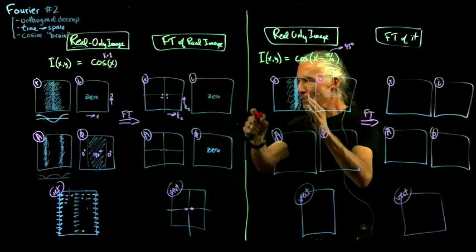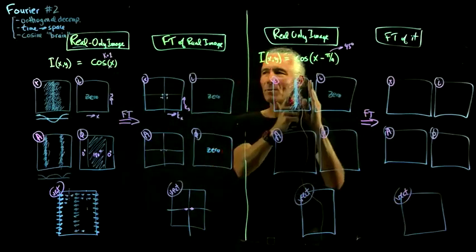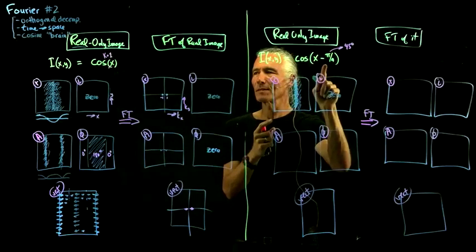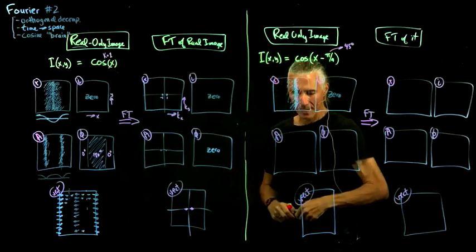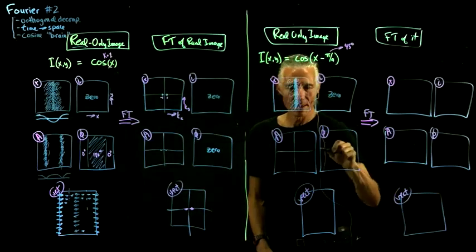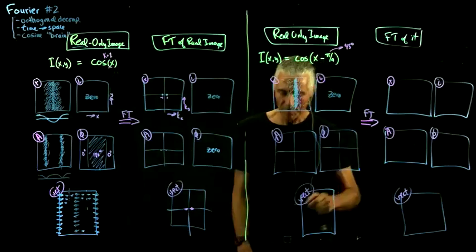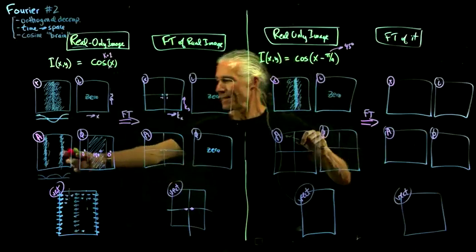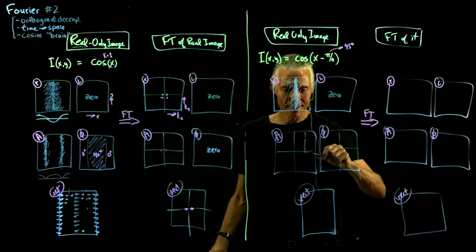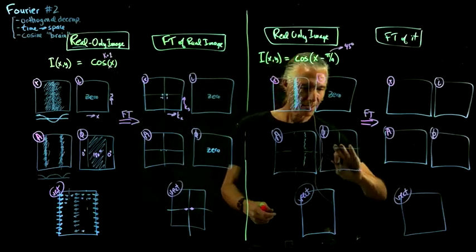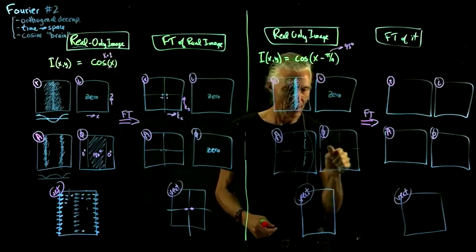So the only difference is we moved the cosine off to the side by just subtracting a little bit from it. And so what happens when we look at our picture over here, well, it's going to move these two little stripes off to the side a little bit.